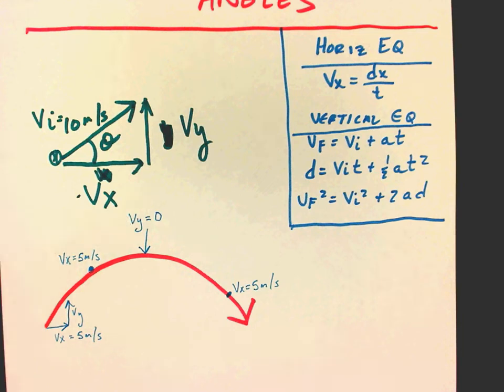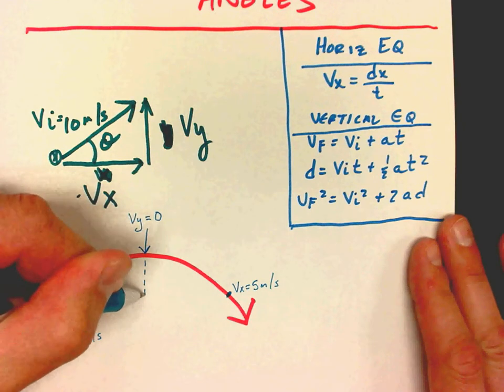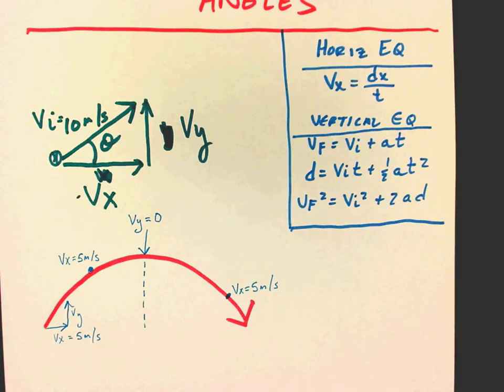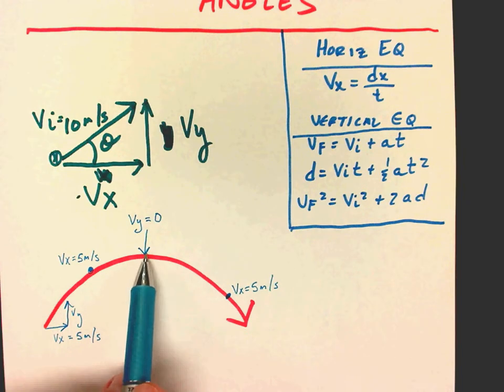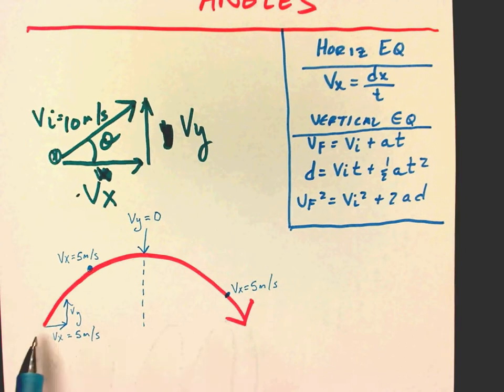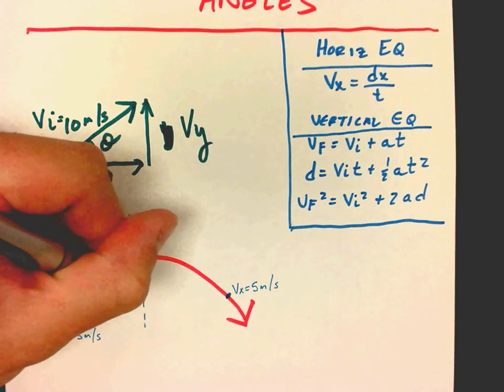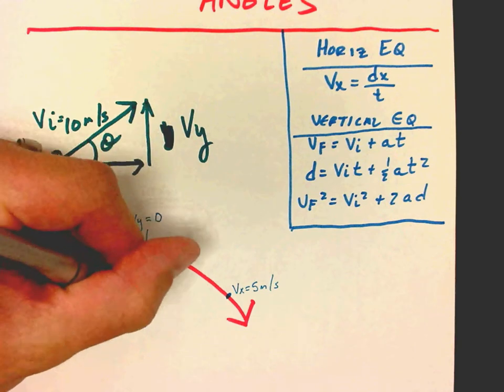All right, another thing we could do here is draw a dashed line just to separate this out. You can tell by looking at it, but when we're looking at time, the amount of time that it takes to get to its highest point versus coming back down to the same height, as long as these 2 points are equal heights, the time that it takes to go up equals the amount of time that it takes to come back down.